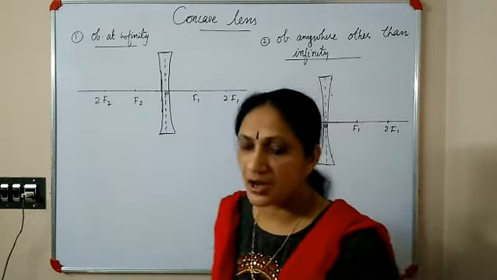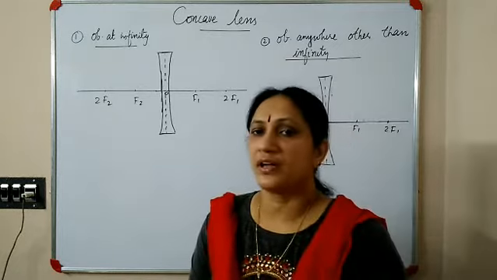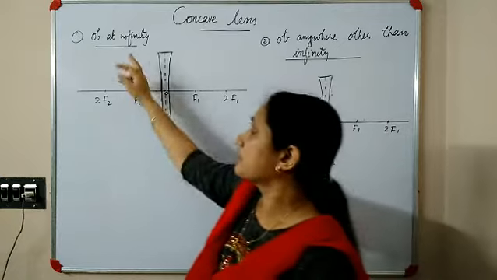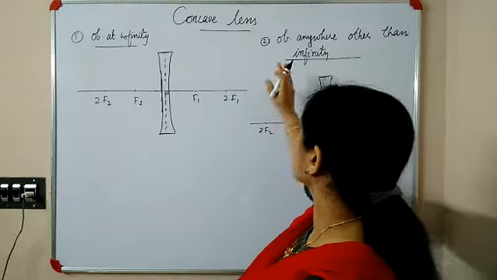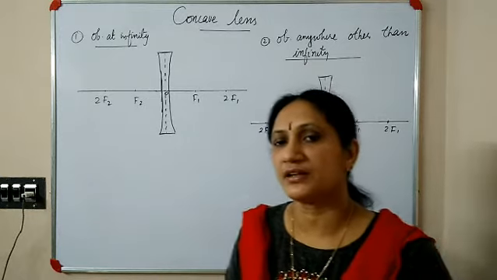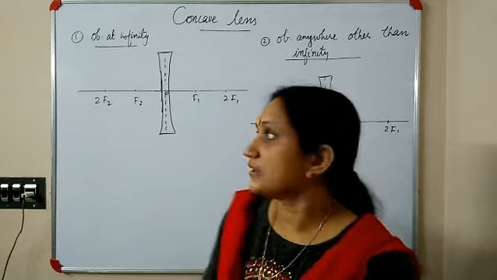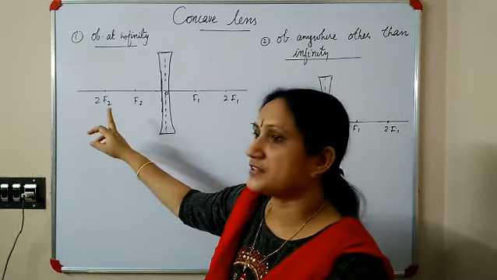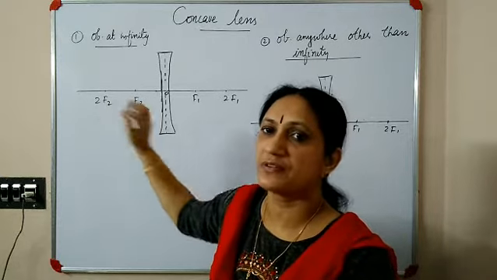Now let us see how to make the diagram. For concave lens only 2 diagrams are there. One is when the object is at infinity, then second case object anywhere other than infinity. If the object is at infinity, the image formation happens at a particular position, we will see it.